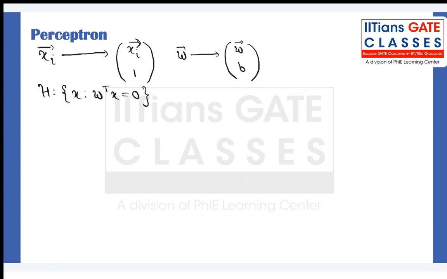If you take this W, which I have written here, W and B, and take the dot product with xi and 1, you will get exactly the same thing, which is W transpose xi plus b.